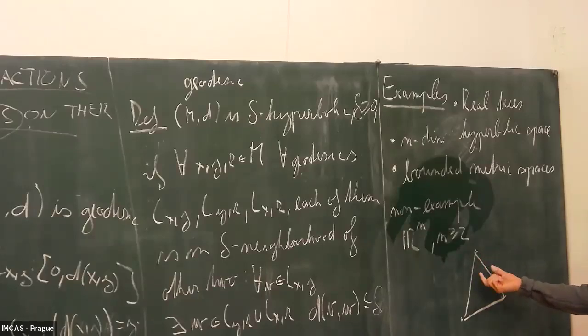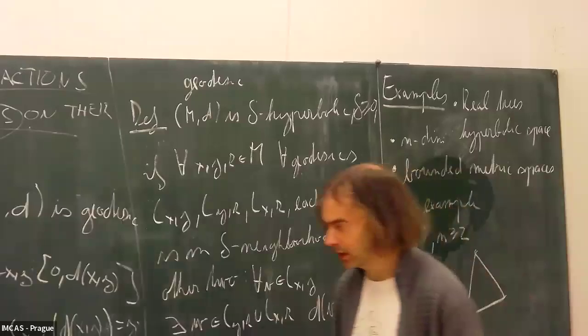Here I'm just simply saying that whatever the delta is, you can take a large enough triangle.